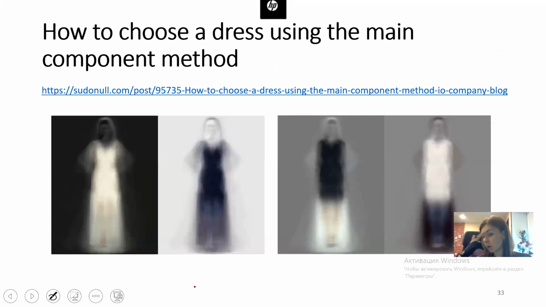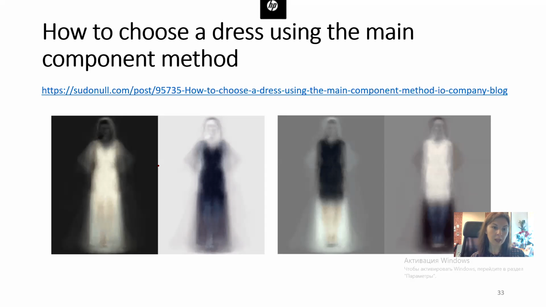Also, you may use principal component analysis for images. Again, here we have a link to find more information. There was a task to classify dresses which a user likes or not. So bad dresses and good dresses.